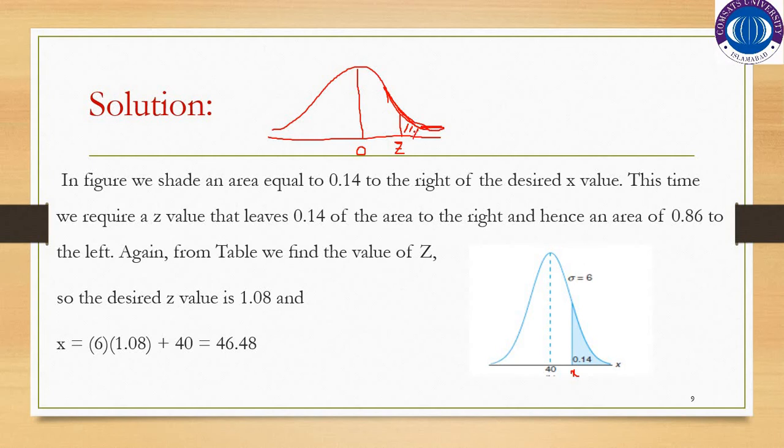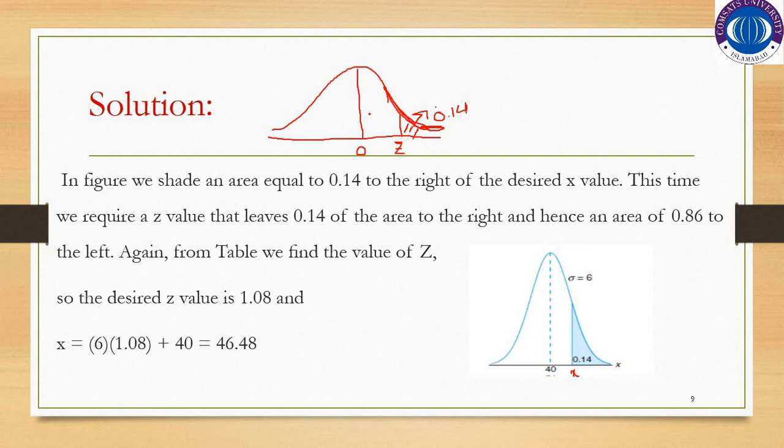As this is the right side, this is 0.14. So you have to find this particular value of the random variable z. But the problem is that the table is giving you the probability between the mean and some specific value z. So you should know this particular area in order to go in the reverse process to locate the probability in the body of the table and find the corresponding value of the random variable z.